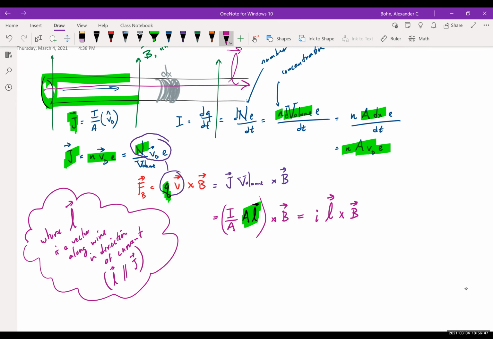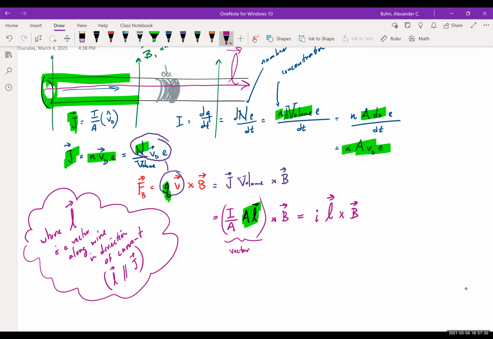Current density J is current divided by area. Volume is area times length. And if we decide to write length as a vector, because I need this thing in purple parentheses here to be a vector, otherwise the cross product doesn't make any sense. A could be a vector, but it's going to cancel.